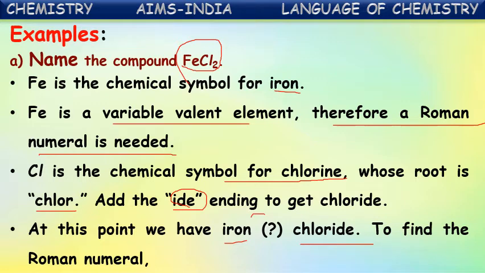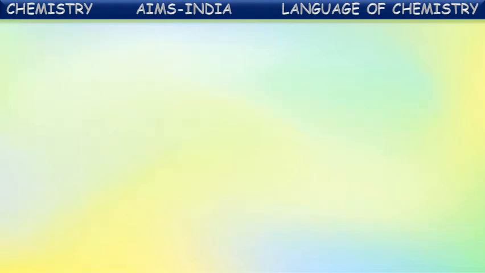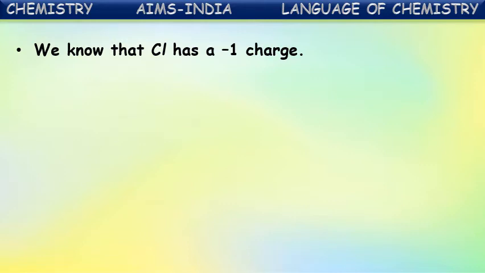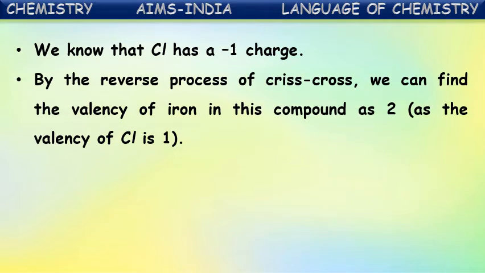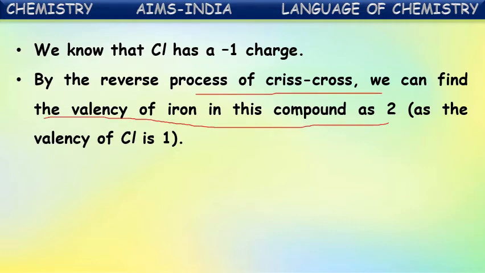But in the brackets, we have to write the Roman numeral of its valency. How to find that Roman numeral? Let us see here. We know that chlorine has a -1 charge, but by the reverse process of crisscross, we can find the valency of iron in this compound as 2. See here, FeCl2.